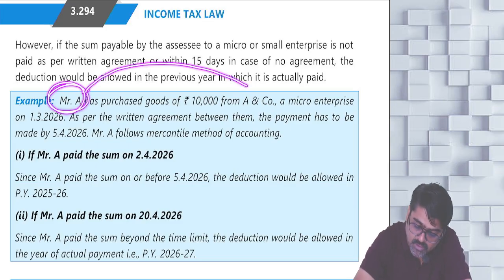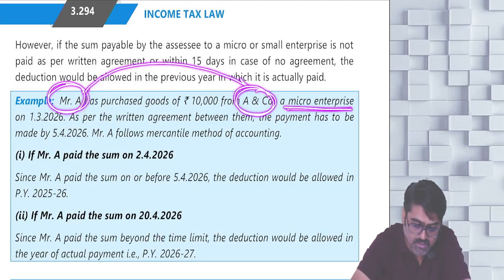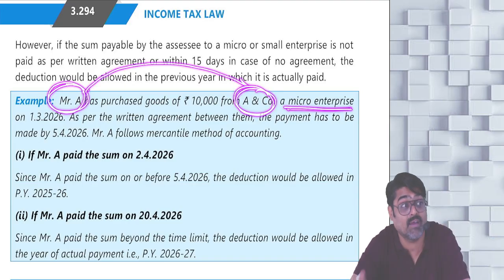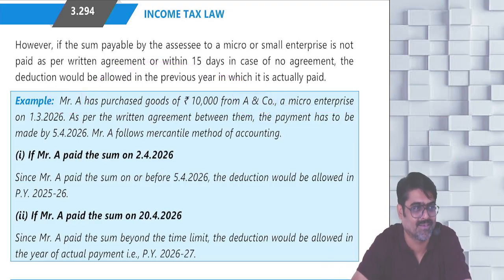Mr. A is purchasing goods from A and Company, and A and Company is, see, directly they have given you micro enterprise. But sometimes they will say A and Company is in the business of manufacturing cloth. Mr. A is taking the cloth for his business or profession from A and Company.